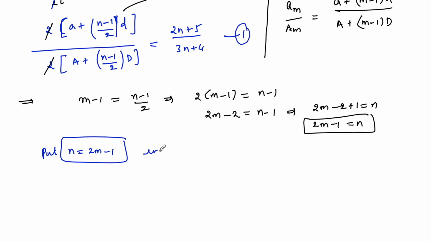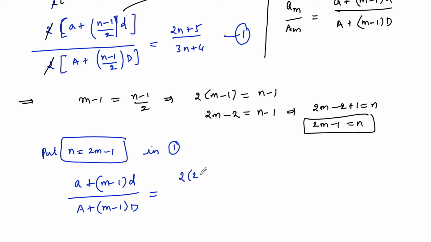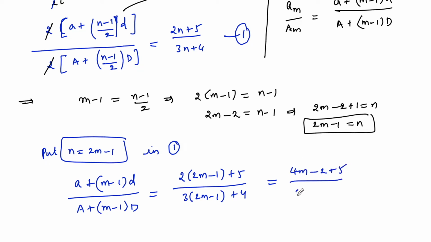So in equation 1, the numerator will be a plus m minus 1 into d, and the denominator capital A plus m minus 1 into capital D, which is equal to, let us substitute here, 2 times 2m minus 1 plus 5 upon 3 times 2m minus 1 plus 4, which is equal to 4m minus 2 plus 5 upon 6m minus 3 plus 4.